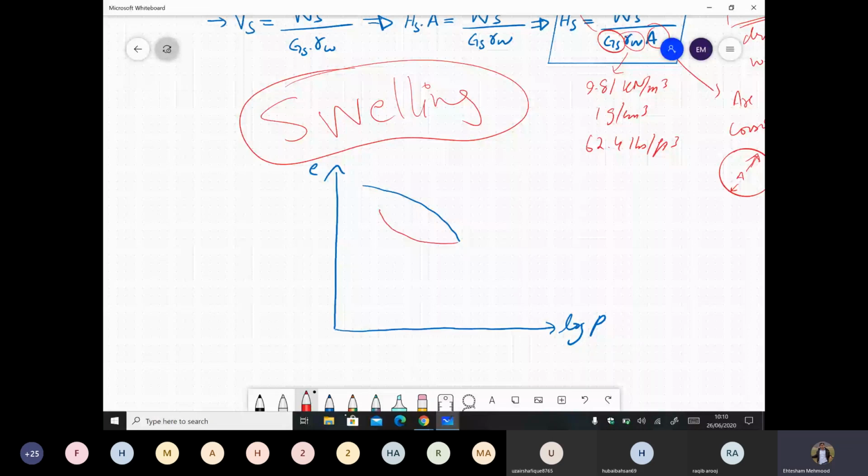The slope of this is the CC, the compression index, and the slope of this is called CR, the recompression index. So we need to find both values, CC and CR.